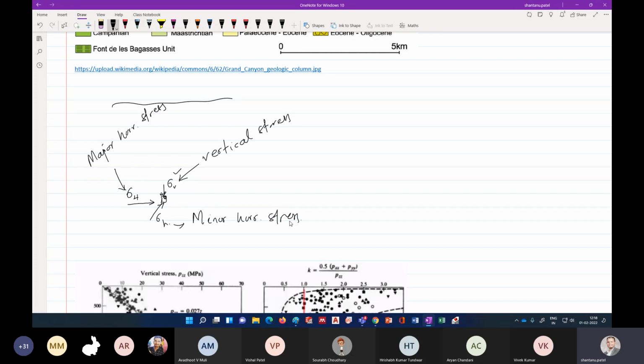Something we are skipping here is that we have 6 components of stresses, but we can bring the 6 components down to 3 principal stresses.